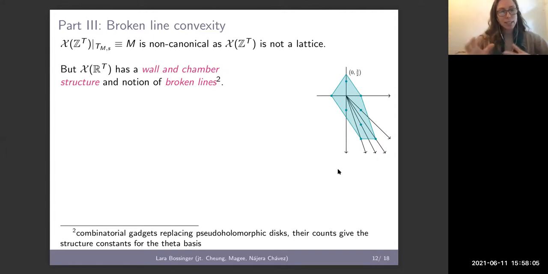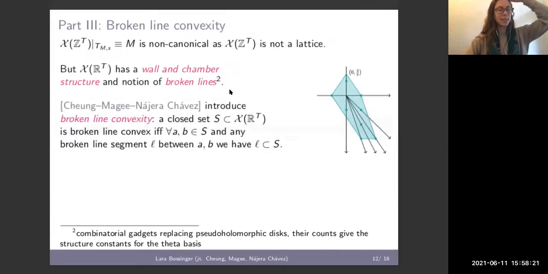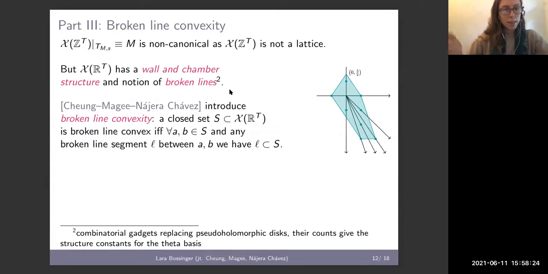Now, given these specific broken lines, that are actually a bit more than just piecewise linear functions, they come associated with monomials on every linear piece, and these inspired or allowed my collaborators to introduce a convexity notion in these spaces.